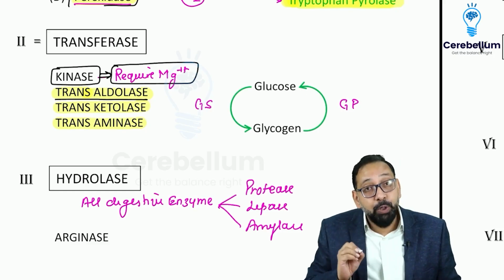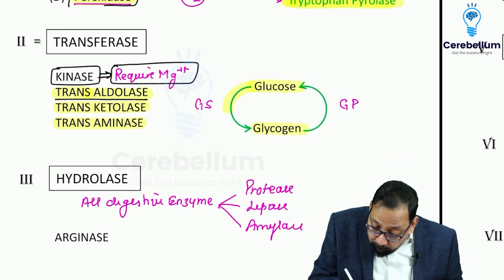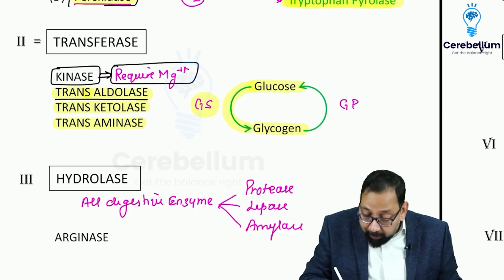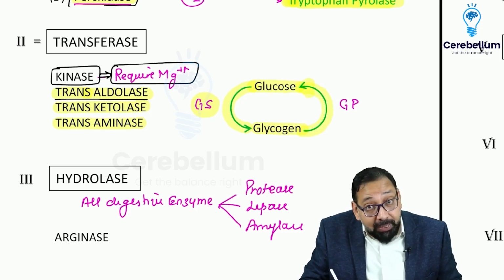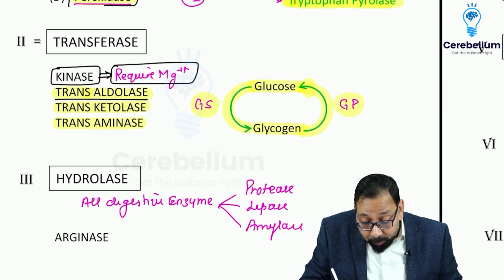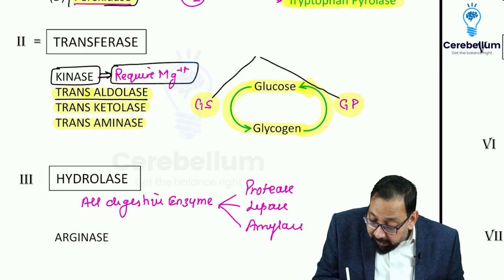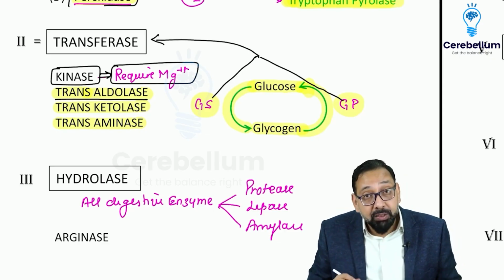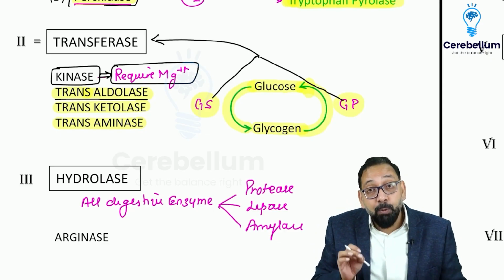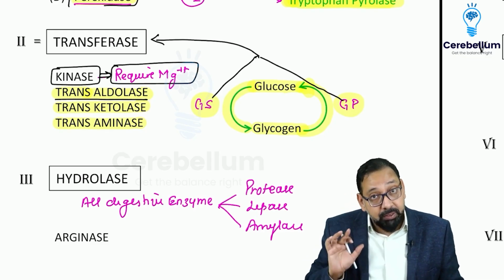One very important question: glucose is converted to glycogen, that is glycogen synthesis, the rate limiting enzyme is glycogen synthase. Glycogen is converted to glucose, glycogenolysis, the rate limiting enzyme is glycogen phosphorylase. So both these rate limiting enzymes are classified under transferase. The question was asked: rate limiting enzymes of glycogen metabolism are classified as transferase.